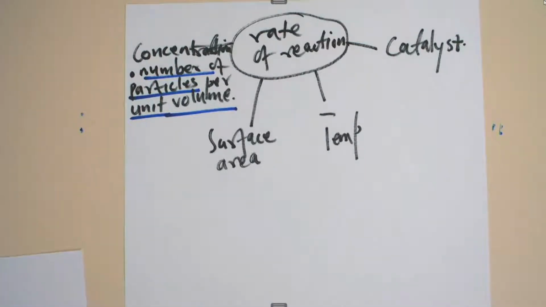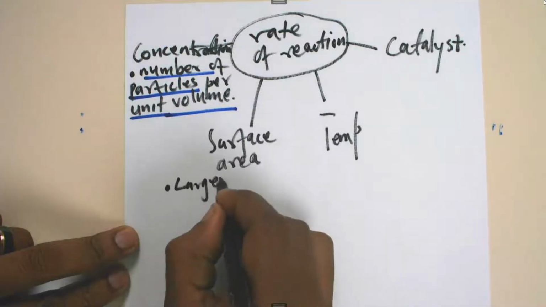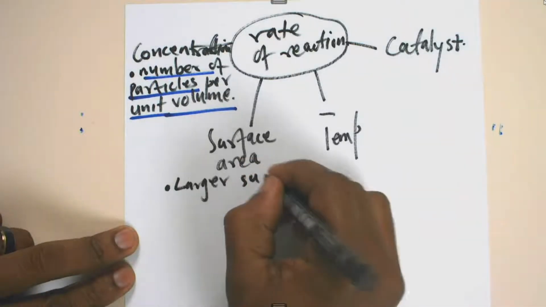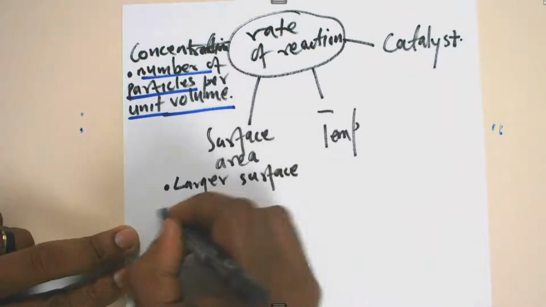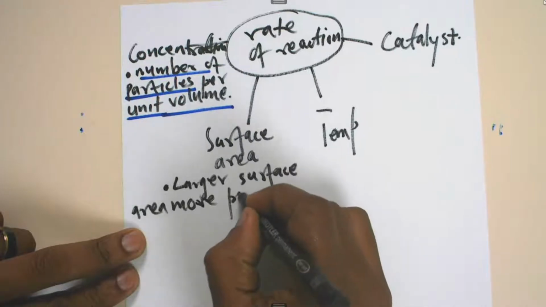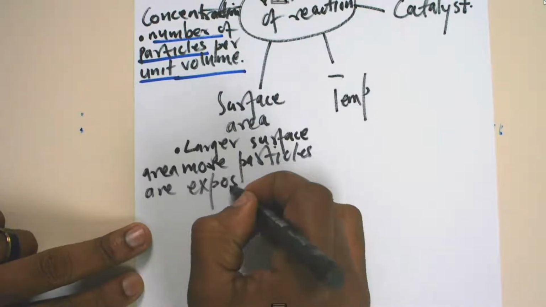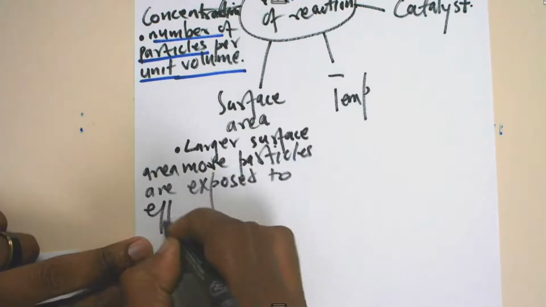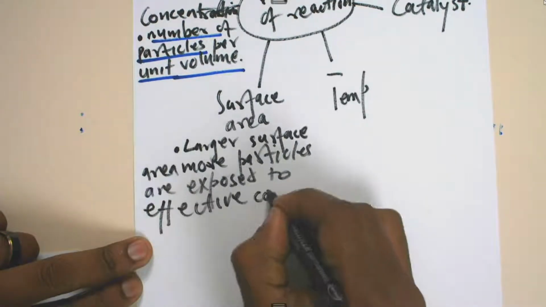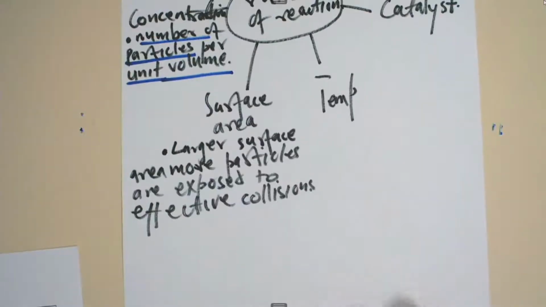But when I have a surface area, I can easily say the larger the surface area, the more particles are exposed to effective collisions. So this will be my bullet number 1 when I am trying now to answer the questions that follow.